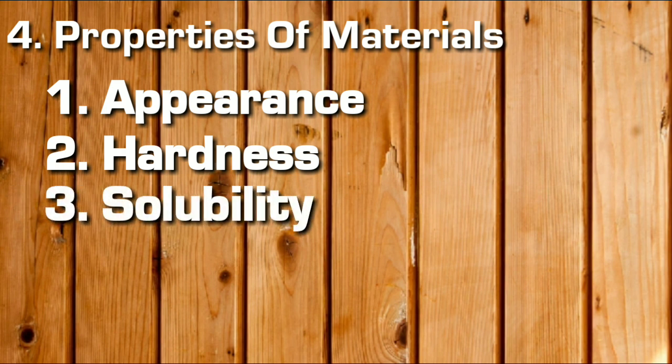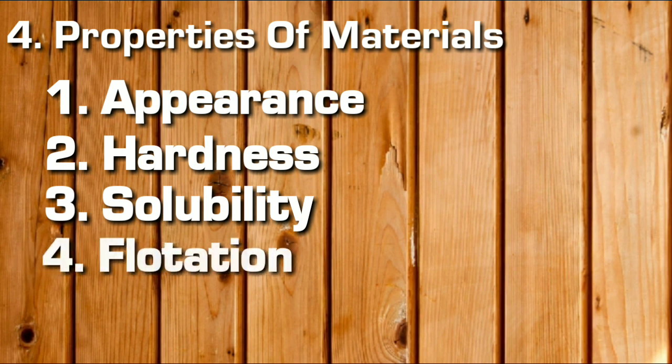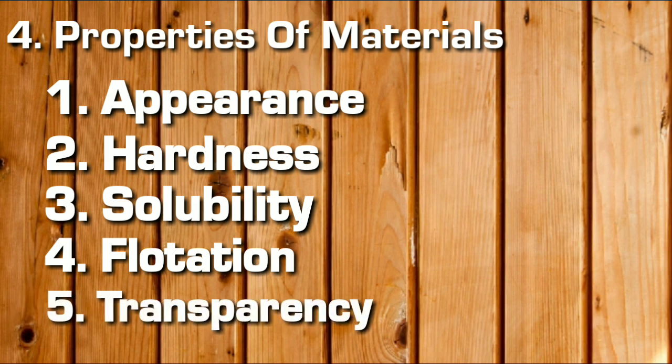Third one is solubility, whether the material completely dissolves in water or not. Fourth one is flotation, meaning whether the material floats on water or not. Fifth one is transparency, meaning whether through the material we are able to see things or not.